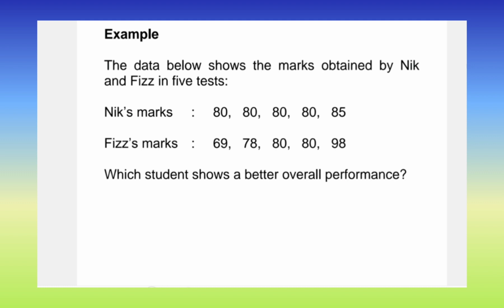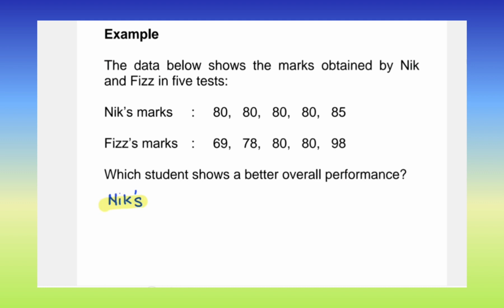Next. The data below shows the marks obtained by Nick and Fish in 5 tests. Which student shows a better overall performance? To determine this, we need to find the value of mean and standard deviation. So let's do it.